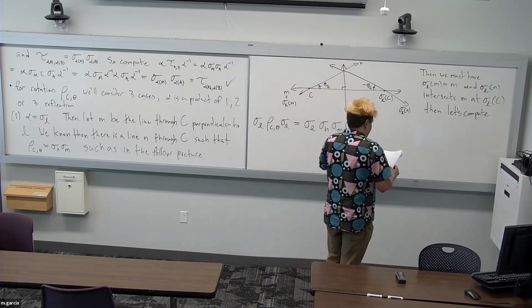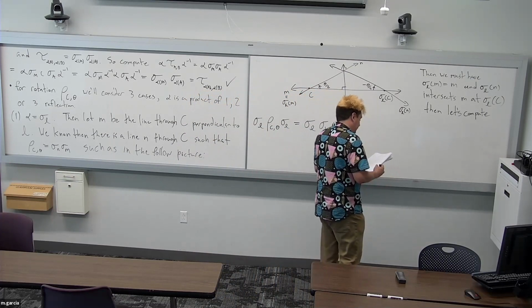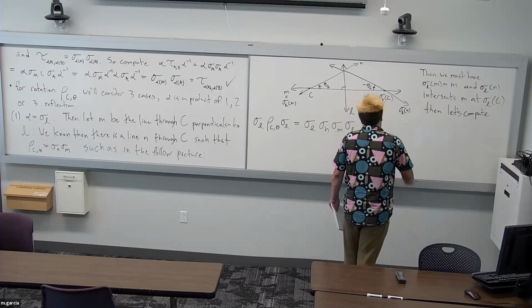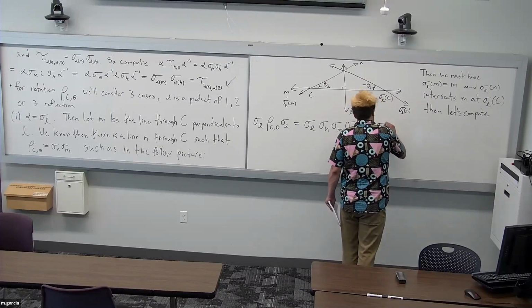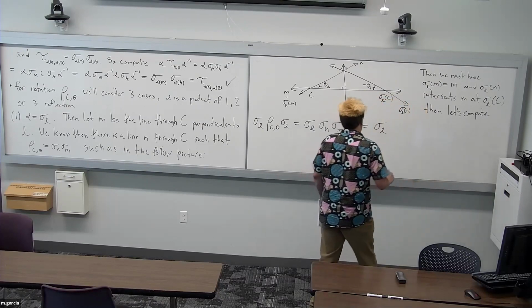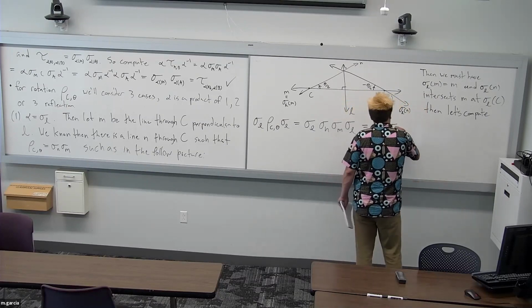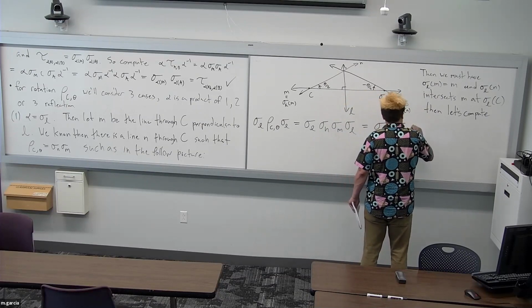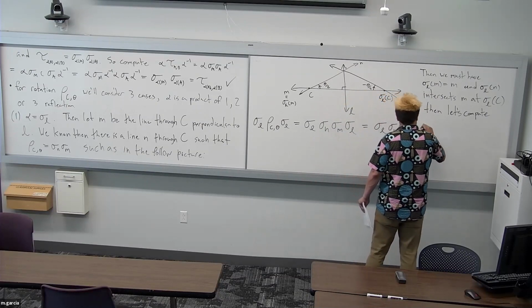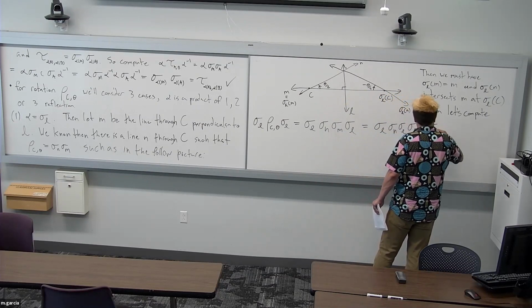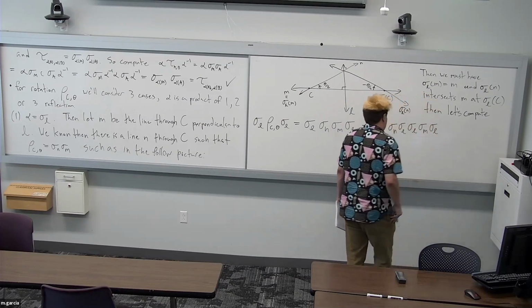And now I'll use the same trick. I will insert a copy of the identity and express it as sigma L times sigma L, or if you like, sigma L times sigma L inverse. Sigma L, sigma L, sigma N, sigma M, sigma L. Okay?